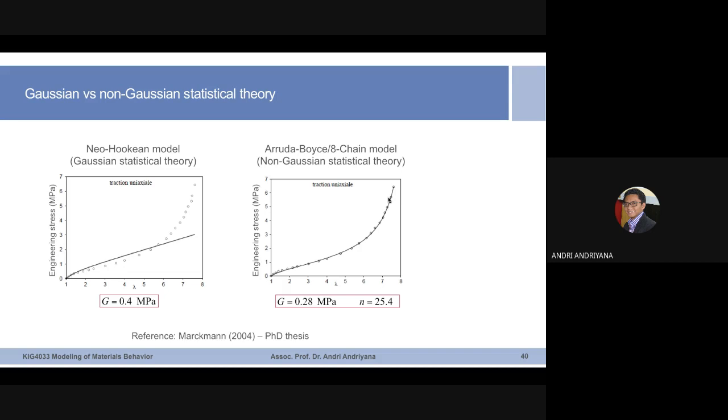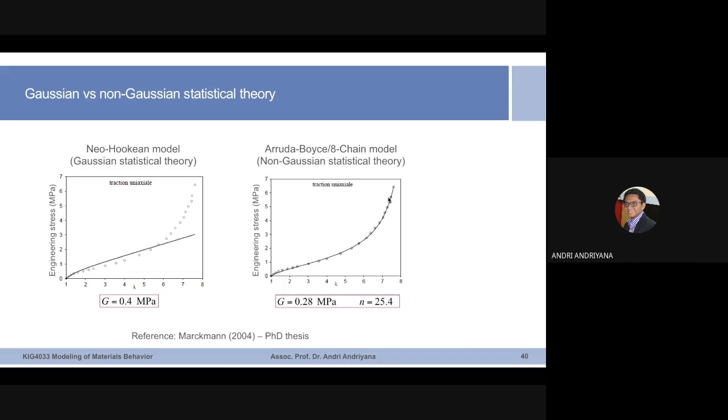So before you answer the question, you should ask first to your customer, what is the range of applications, the range of deformations that the materials will be used at? Okay. As highlighted, Ibrahim, you have mentioned there, very well.